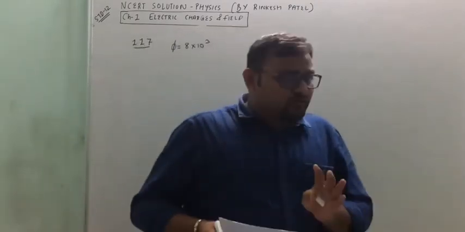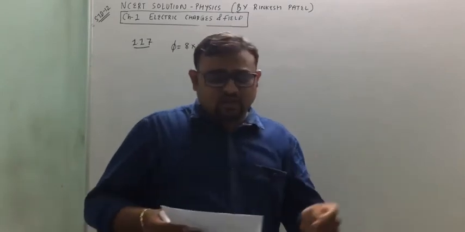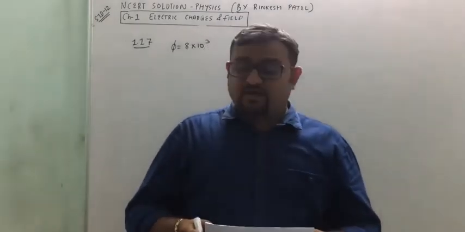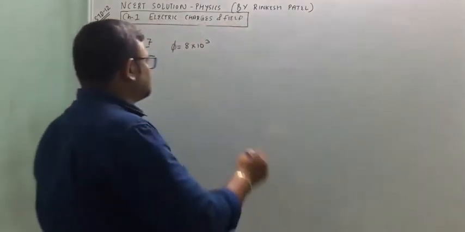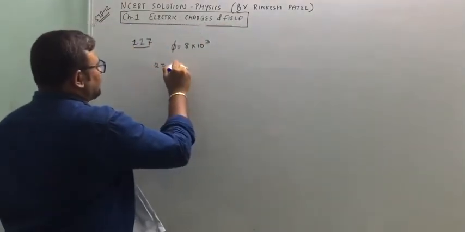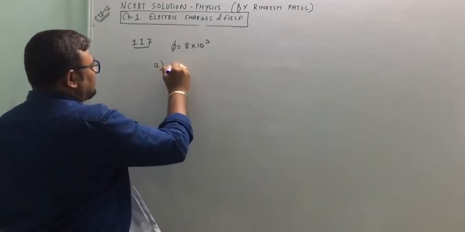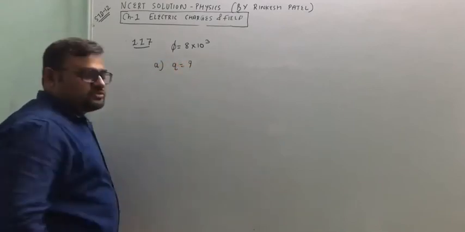This is the outward flux that is coming outside from the box. Now again there are two parts. A: What is the net charge inside the box? In the first case, you have to find Q equal to question mark.